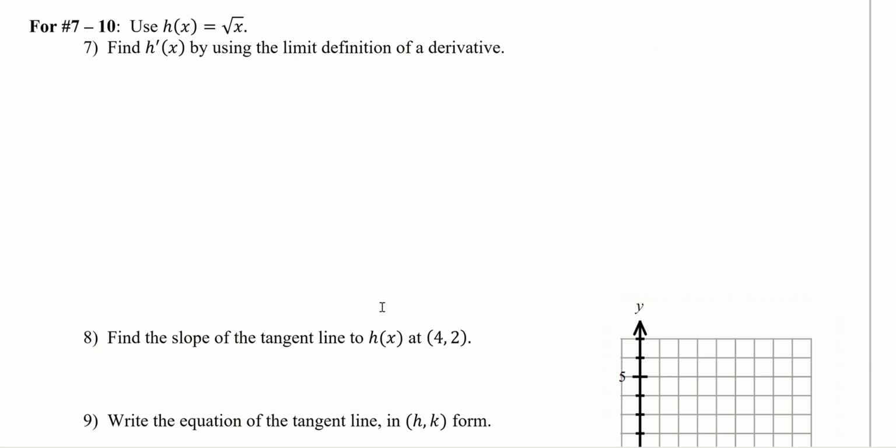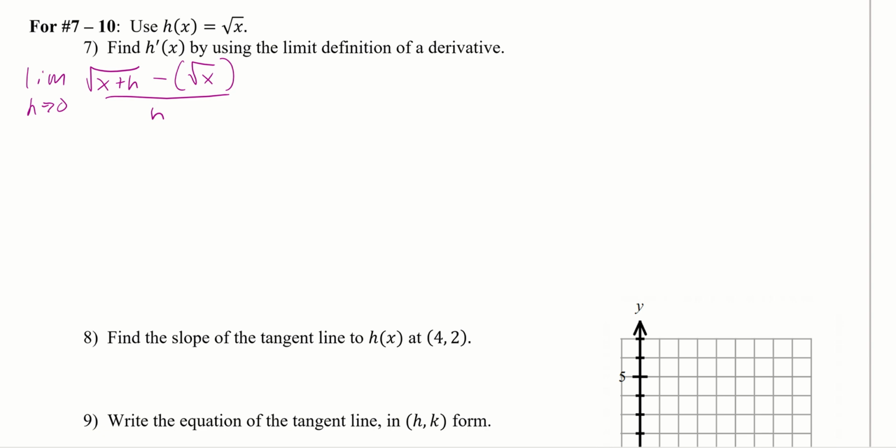Wherever you see an x, put an x plus h, subtract the function itself, and then I'll put it all over h. So the limit as h approaches 0 of plug in x plus h, that's all that function has, now minus the function, all over h. If you notice, unfortunately, nothing cancels in the numerator.